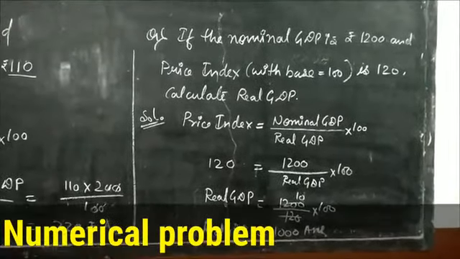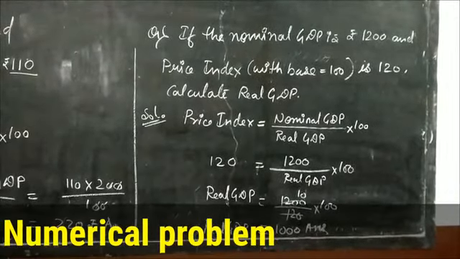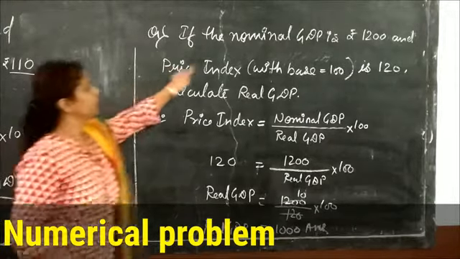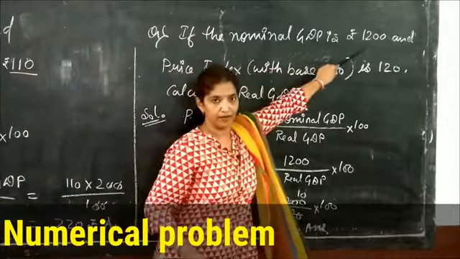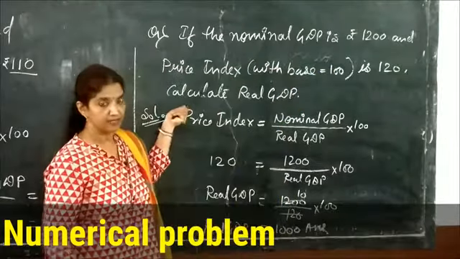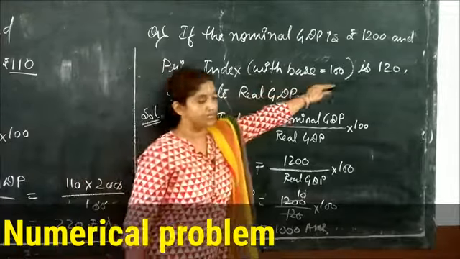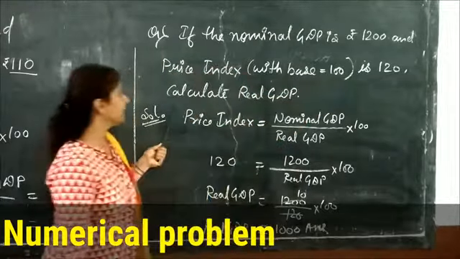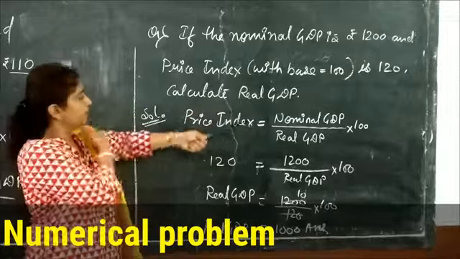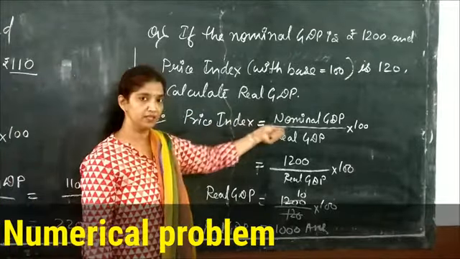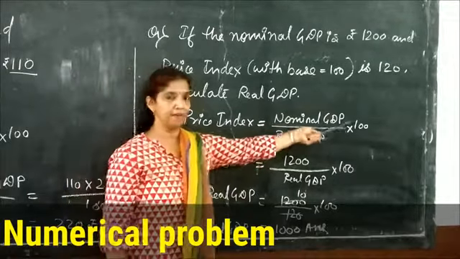The next numerical problem: if the nominal GDP is rupees 1200 and the price index, the GDP deflator, with base is 120, then calculate real GDP. The formula is price index equals nominal GDP upon real GDP multiplied by 100.